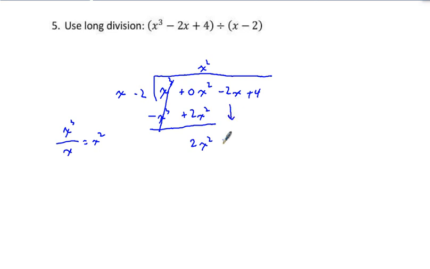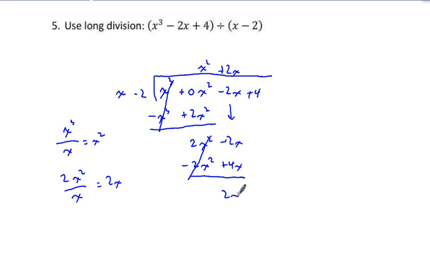So we bring down the negative 2x and repeat. 2x squared divided by x is 2x, which will go in our linear column. And we multiply 2x squared minus 4x. We subtract. The signs will change. 2x. We bring down the next term and we repeat.